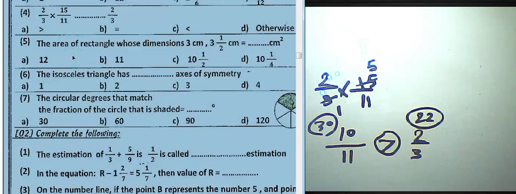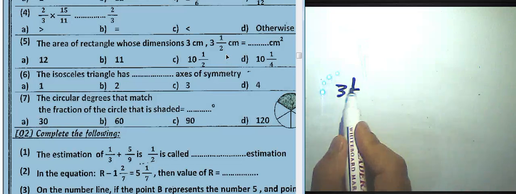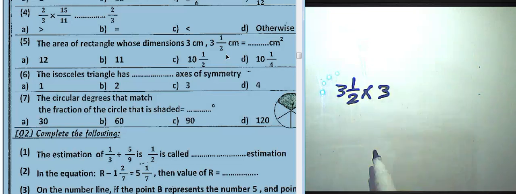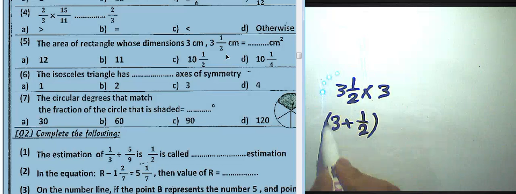Question number 5. The area of a rectangle whose dimensions are 3 and 3.5 centimeters equals how many square centimeters? We know the area of a rectangle equals length times width. 3.5 multiplication by 3. We know 3.5 means 3 plus half.